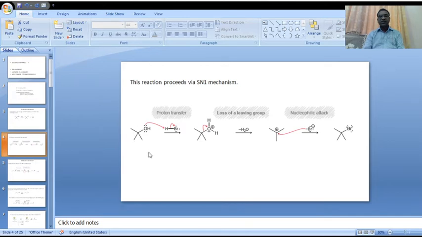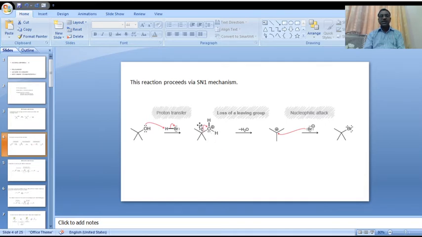In the first stage, proton transfer: from HX, here HBr, the hydrogen is transferred to the hydroxy group. Now it is converted into a protonated alcohol. It is an intermediate, an unstable compound, the protonated alcohol.